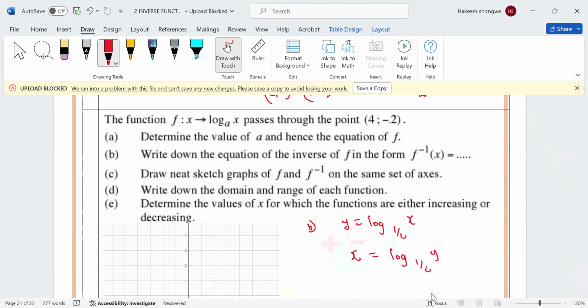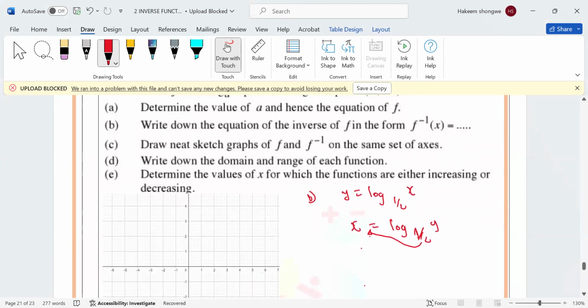We want to make y the subject. The 1 over 2 is going to push up the x, so you have 1 over 2 to the power of x equal to y. So you get 1 mark for changing x and y, and 1 mark for the equation.